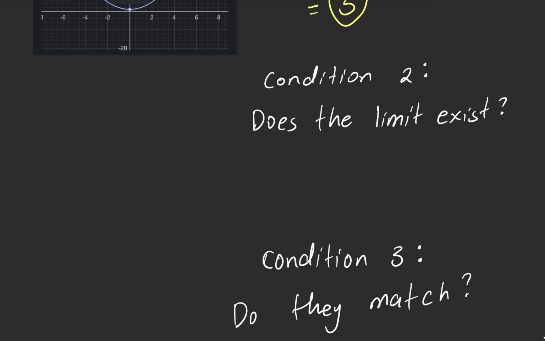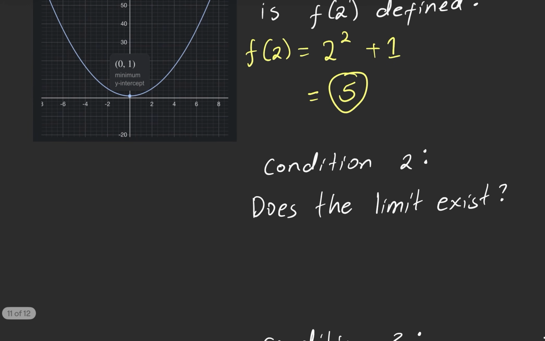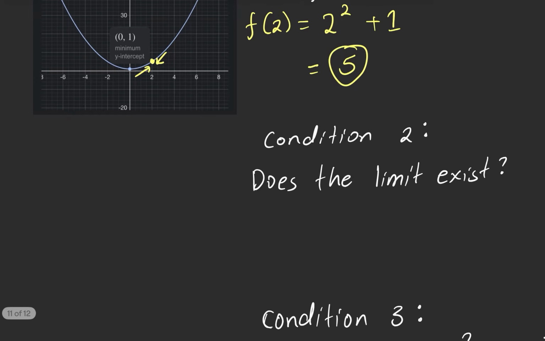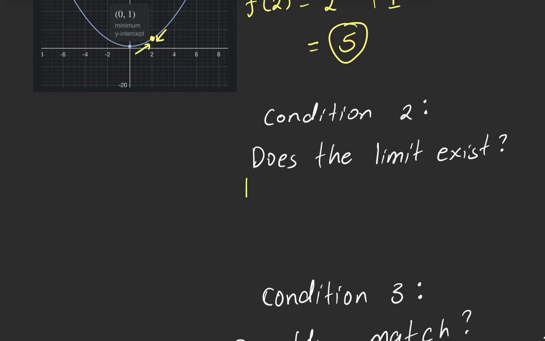You can also use your graph: if you know what the graph looks like, you can see that as we approach 2 from both the left and the right, it approaches a definite value. But for this video, I'm just going to do direct substitution. The limit as x approaches 2 of f of x is 2 squared plus 1, which gives me 5.